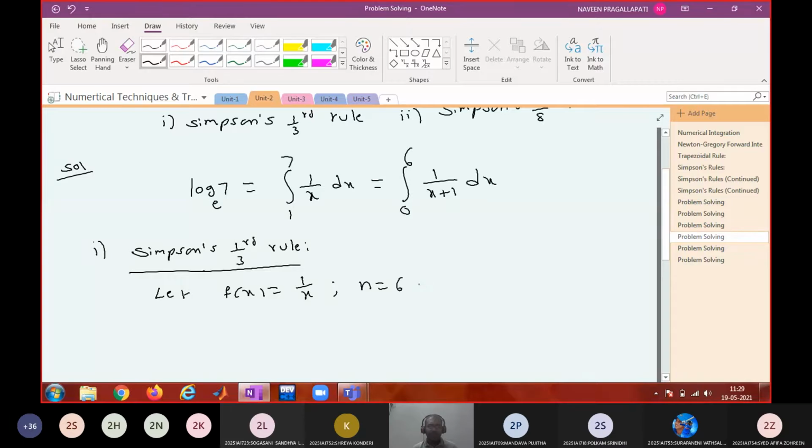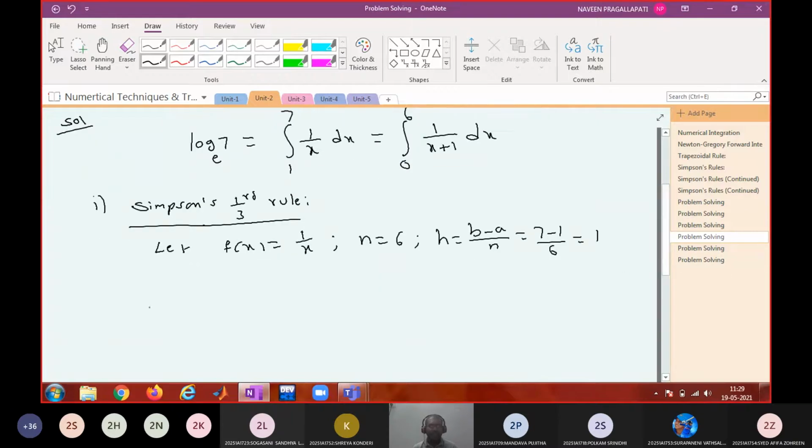Then what is h? h equals (b minus a) by n, which is (7 minus 1) by 6, equals 1. So prepare a table for x and f of x. f of x is 1 by x. So your table would be 1, 2, 3, 4, 5, 6, 7.